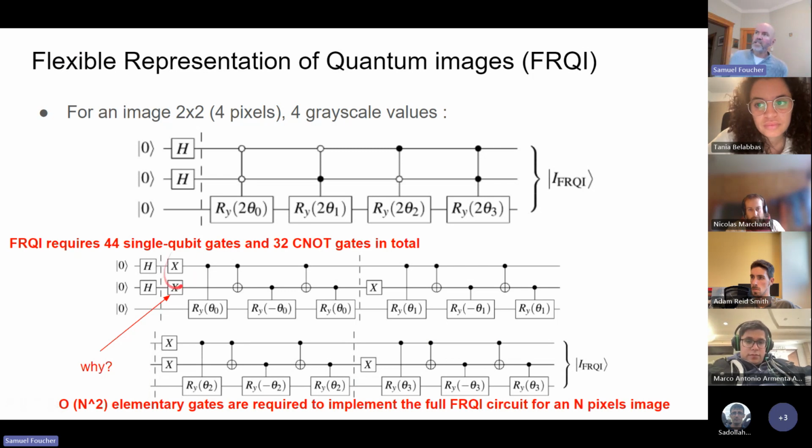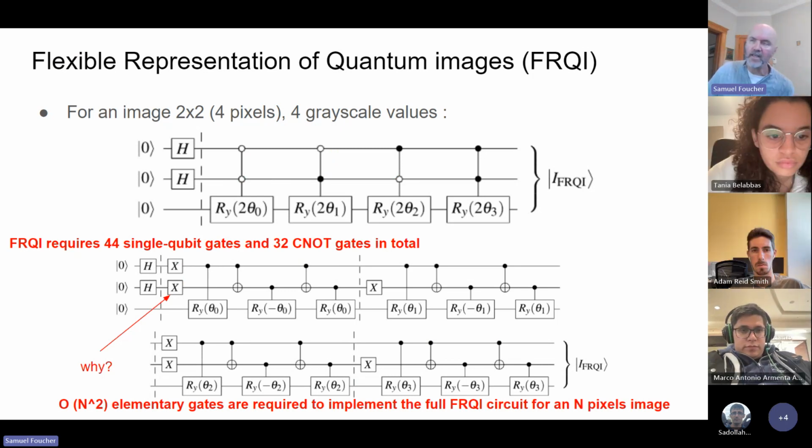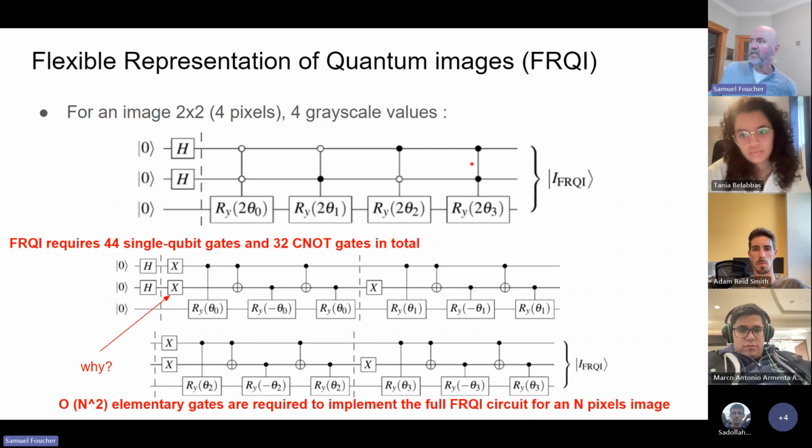Note here that in the implementation, because we have this switch between on and off, they added an X gate. So the X gate is the NOT gate that will create a negative state. So you see it's here, and after it comes back here, and it comes back here and here. So it realizes the switch between the control qubits. That's my understanding.